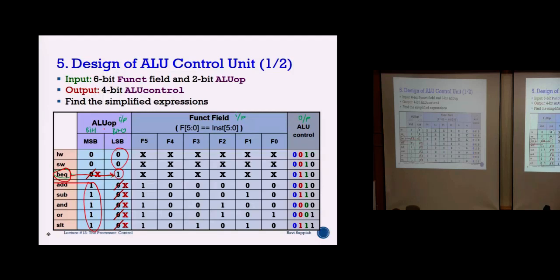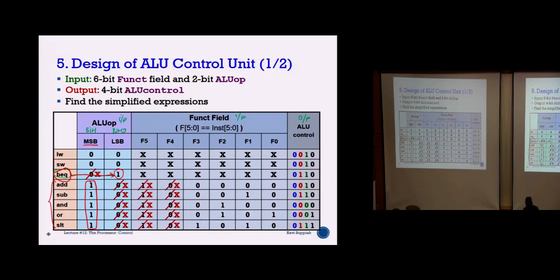So as long as I see the most significant bit is 1, if I just look at the most significant bit here, only for the R-type instruction is it 1. For all the other instruction types, it is 0. So as long as I know the ALU op bit 1 is 1, then I know it is an R-type instruction. If I know the ALU op bit 0 is 1, then it is a BEQ instruction. So by just looking at this, I can differentiate between R-type and BEQ.